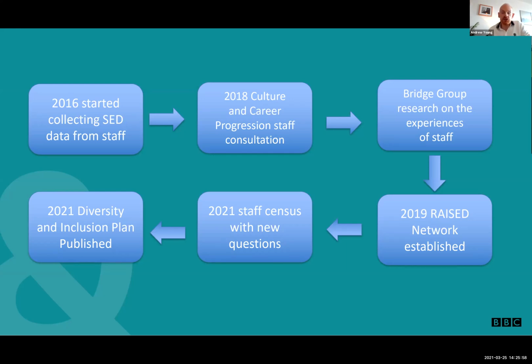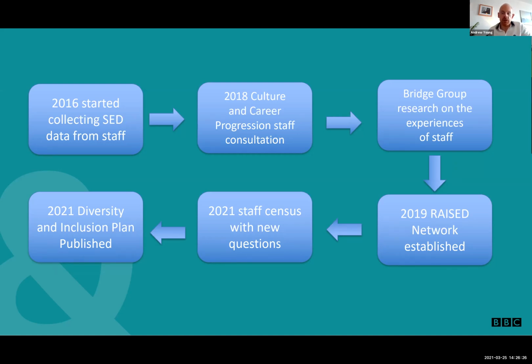One of the recommendations from that consultation with staff was to look at the data in more detail, try and look at the career progression rates of different staff from different backgrounds, and also to look at people's individual experiences. So depending on your socioeconomic background, have you had an easier time, or has it been a little bit more challenging within the organisation?